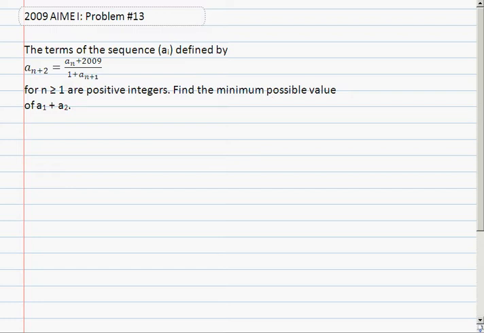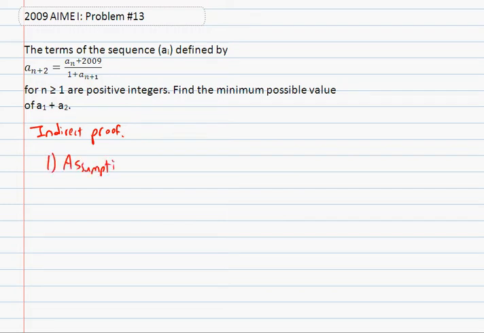So, in order to start to approach this problem, we can use a method known as indirect proof. Basically, the way that this type of proof works is that we start out by making an assumption, assuming that a certain statement is true. Then we carry out the proof of that assumption.